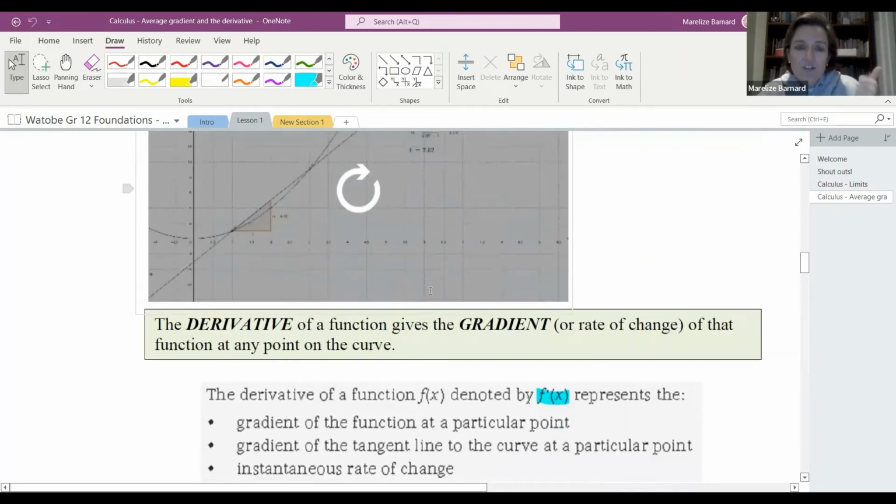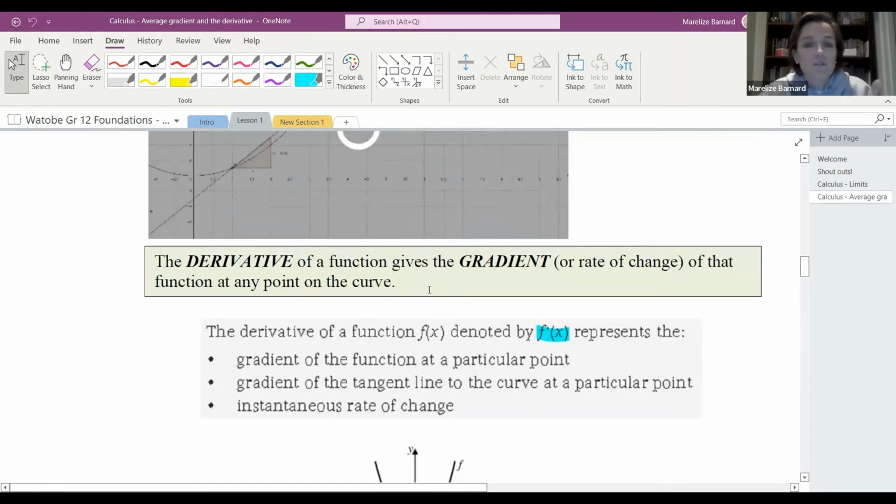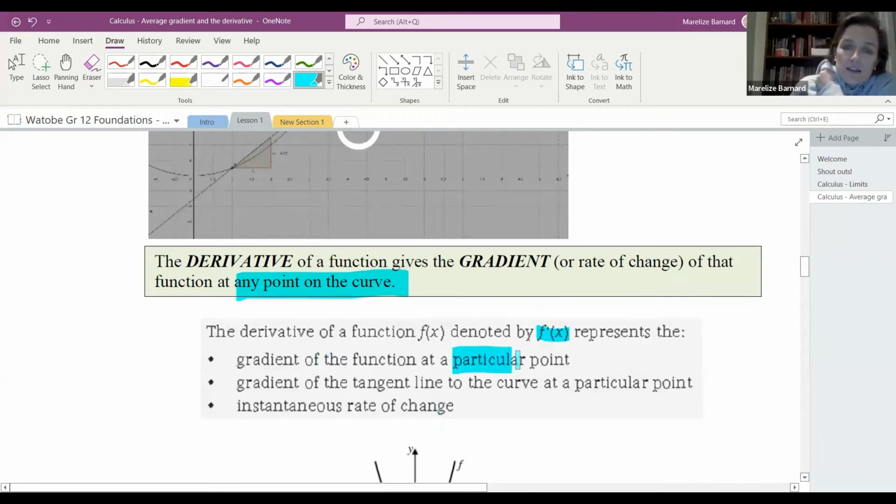I just want you to be very clear about what the derivative is. The derivative is the gradient at a specific point on a curve. You can write this down or take a screenshot. Then it's at a particular point.